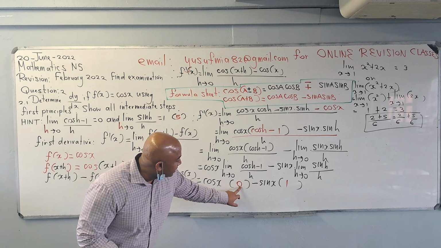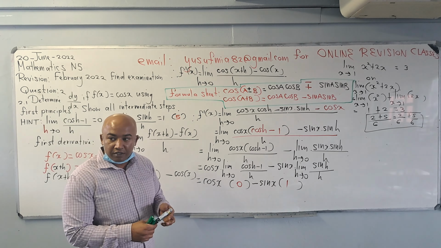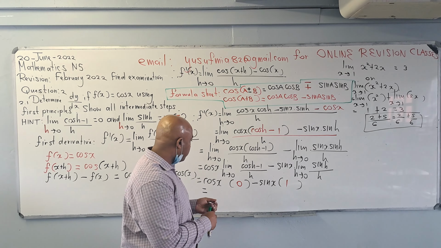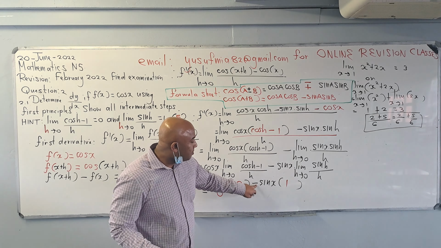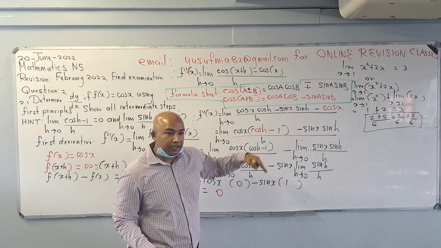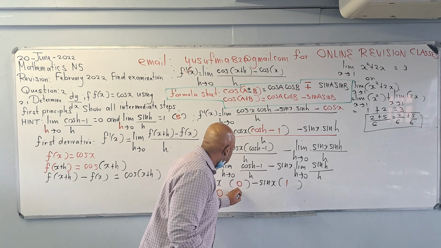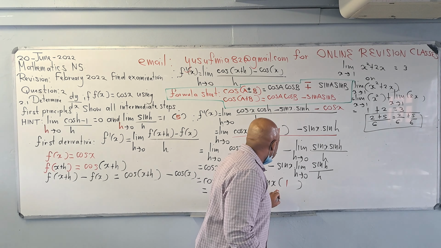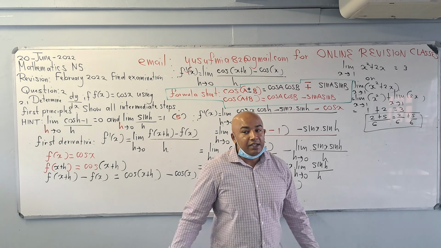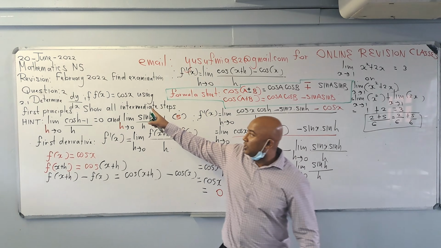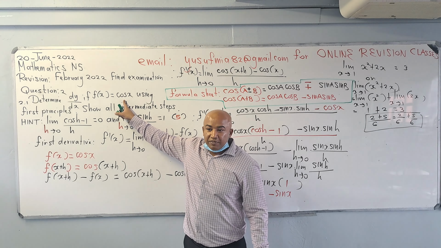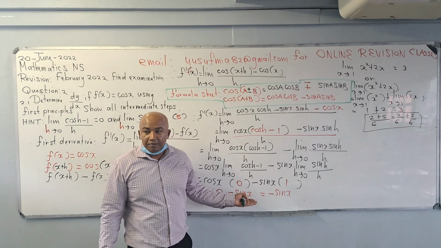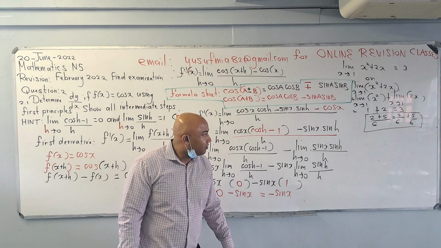So now, 0 times anything will be 0. Minus sine times 1 is minus sine x. So 0 minus sine is minus sine x. And is that correct? Yes, because we know from our table of derivatives that dy over dx of cos is equal to minus sine. And that was our first principles.